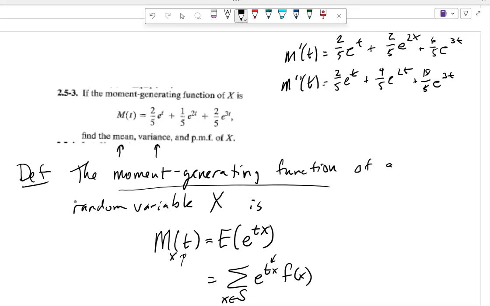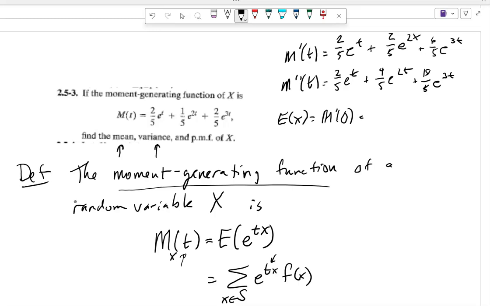We okay with derivatives? I hope. Hope you're okay with derivatives and integrals, because we're going to do those later too. All right. Expected value of x using the moment generating function is plug in 0 for t. Well, e to the 0 is 1, right?